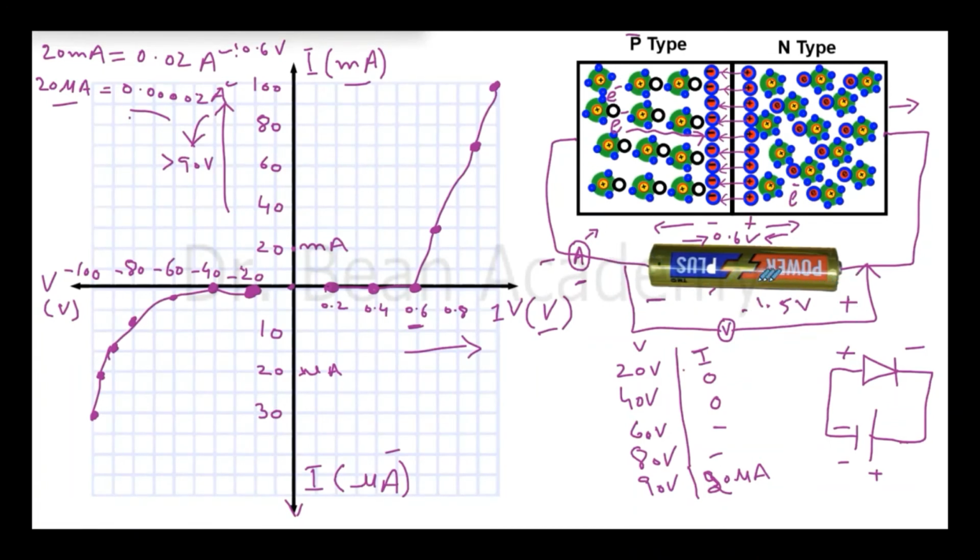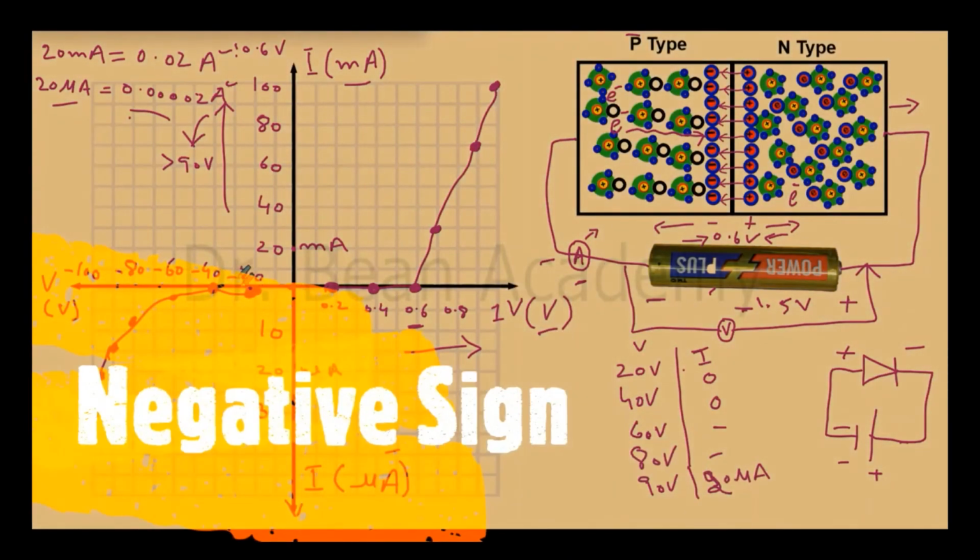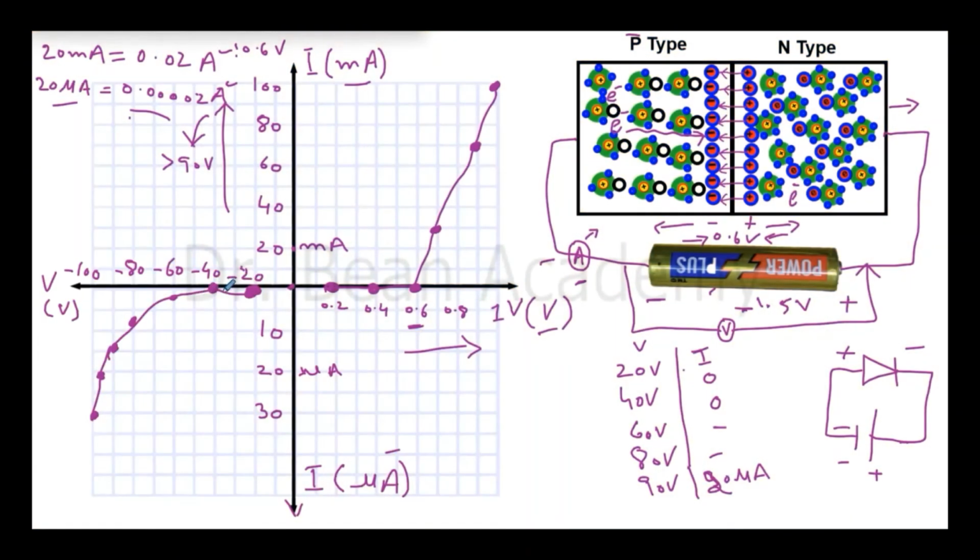For example, if one voltage is 0.2 positive, then if I change the terminals of the battery, that voltage will become negative. But because we were already discussing the reverse bias mode, and I showed you the terminals of the battery accordingly, that's why I didn't put the negative sign with these numbers. But technically we should put the negative sign with all of the numbers.